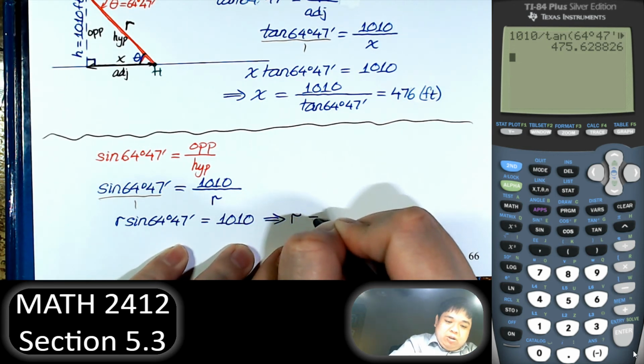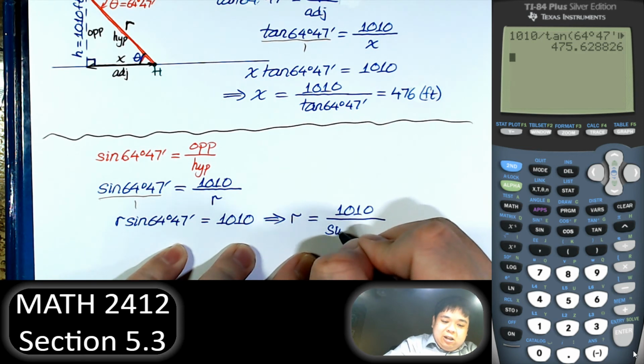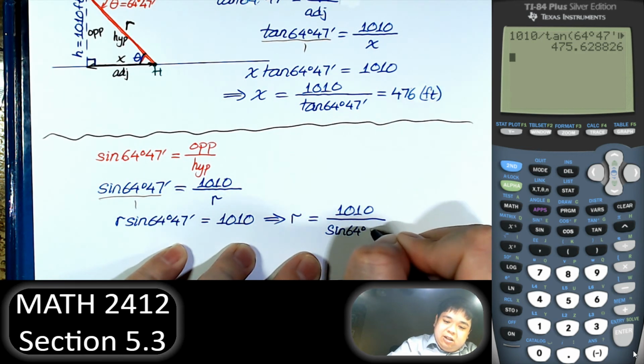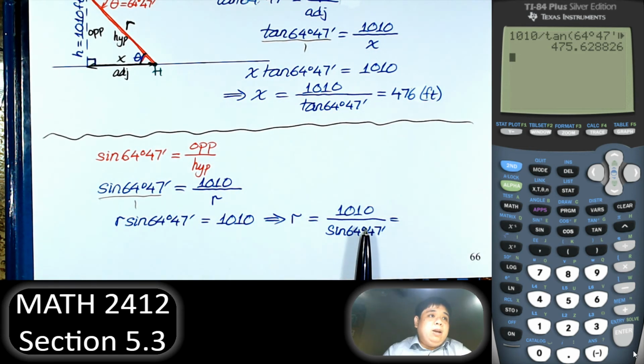So the hypotenuse equals 1010 divided by sine of 64 degrees 47 minutes. Of course I can just copy and paste and change this to a sine, but I just want to do that again. 1010 divided by sine 64 degrees 47 minutes.